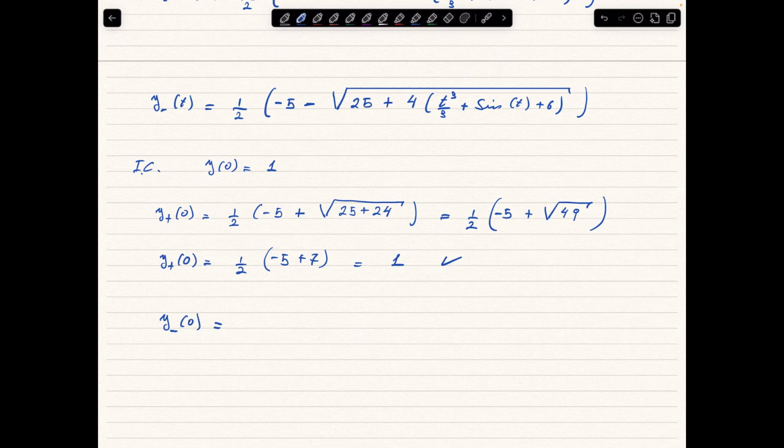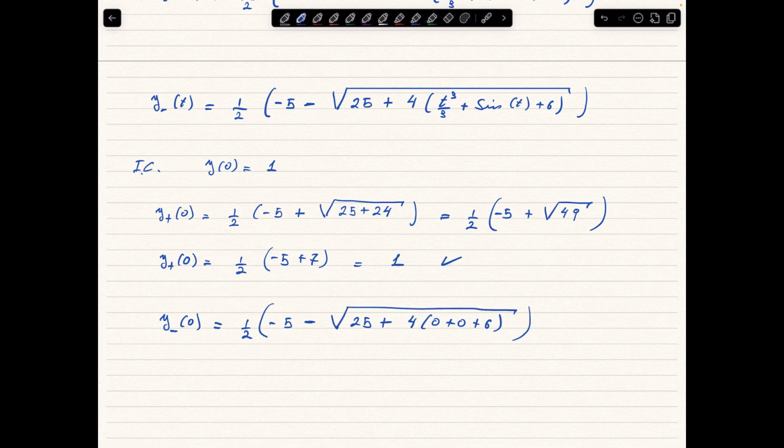The solution minus at 0 is 1/2 negative 5 minus this whole square root of 25 plus 4 times 0 plus 0 plus 6. Like this.